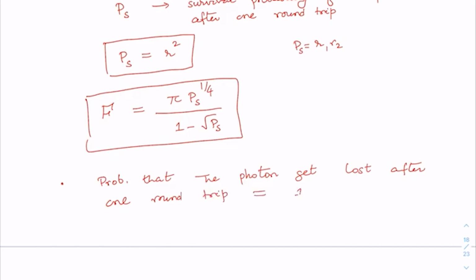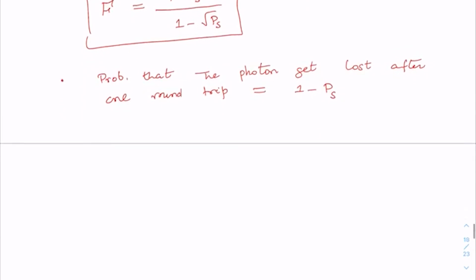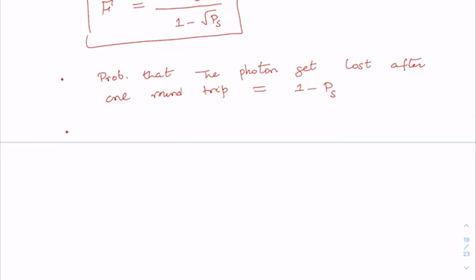So it is clearly 1 minus PS, because PS is the survival probability of the photon after one round trip. So the number of round trips on the average for the photon would be 1 divided by 1 minus PS.